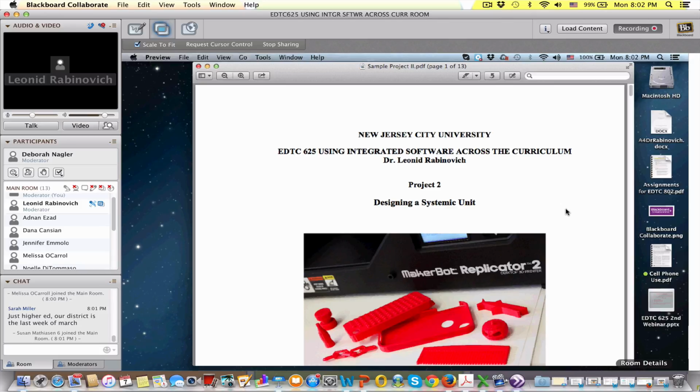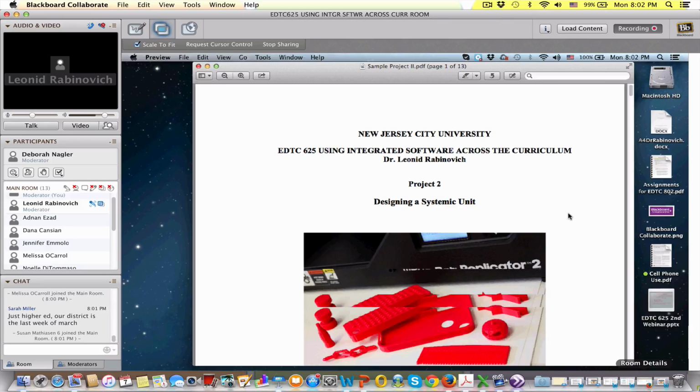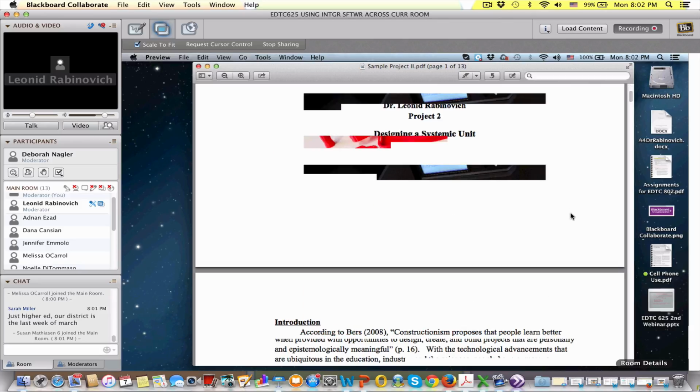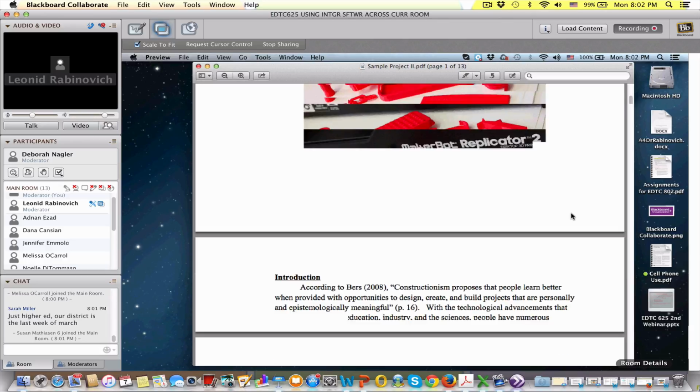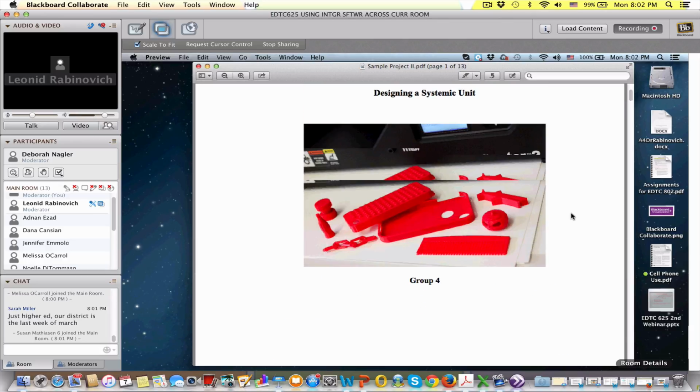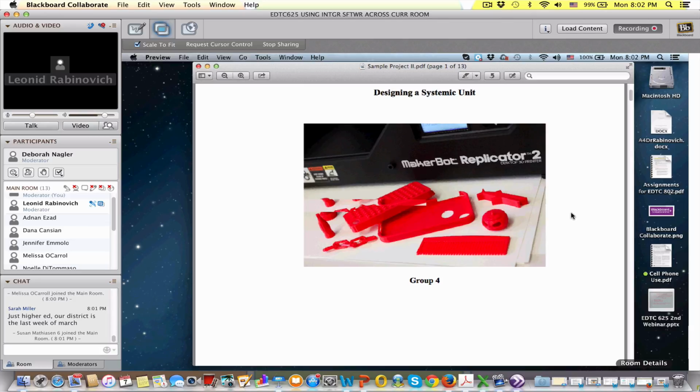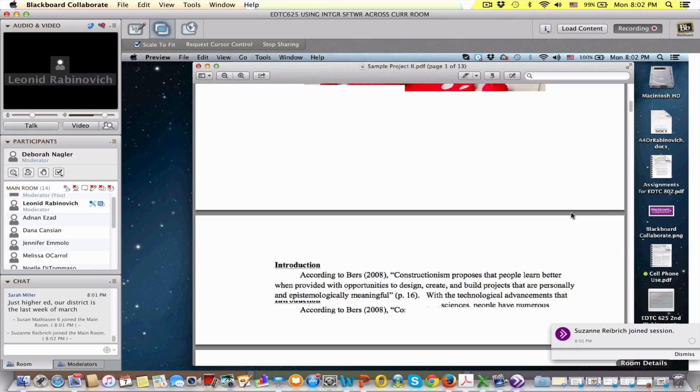And with the prices coming down, I think it will be a technology tool of choice for many teachers because there are applications of this technology in practically all subject areas. So this assignment actually provides a great overview of what you can do with 3D printing, but I chose it because I like the way this group completed this assignment.